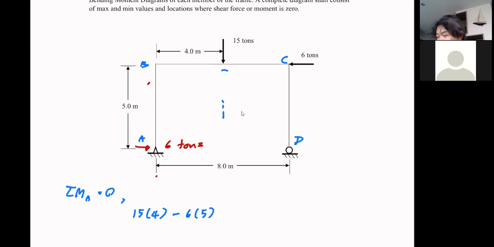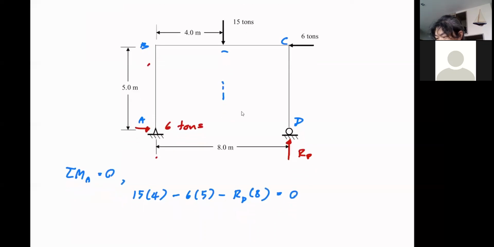And then I am going to assume that this, let's call it RD, is going up. So it's going to produce the moment in the same direction as the 6 tons. So that's minus RD multiplied by 8 equal to 0. So this is 60. That's 30. So 8 RD is equal to 30.